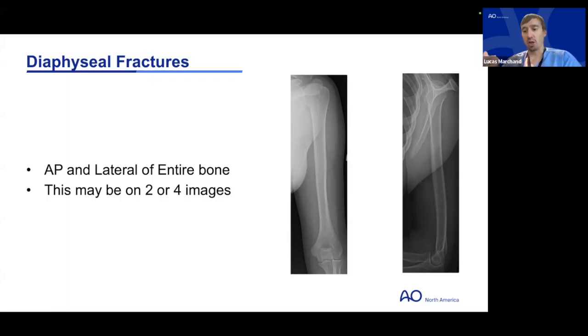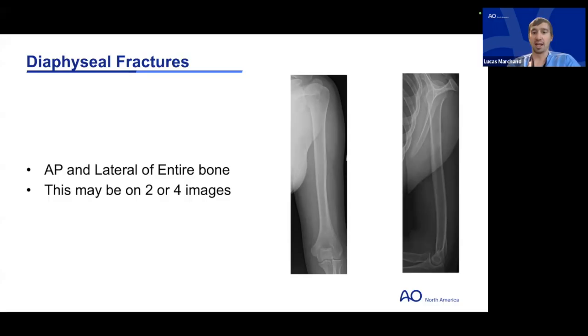So ordering images of an entire long bone segment, you usually get just APs. Laterals usually come in two or maybe four images. The reason why you may get four images is, say in the femur, if the femur is long enough, they may not be able to fit the entire AP or the entire lateral on a single flat plate film.